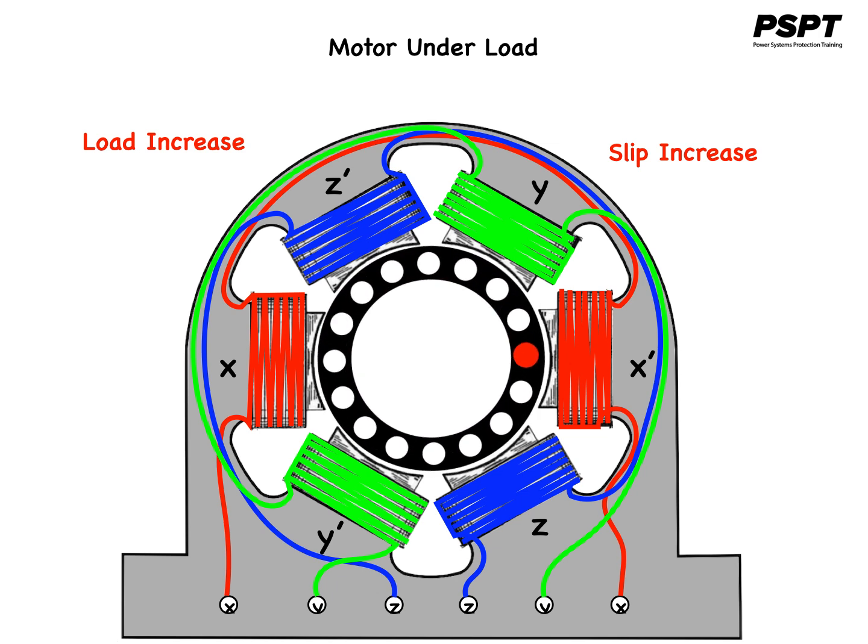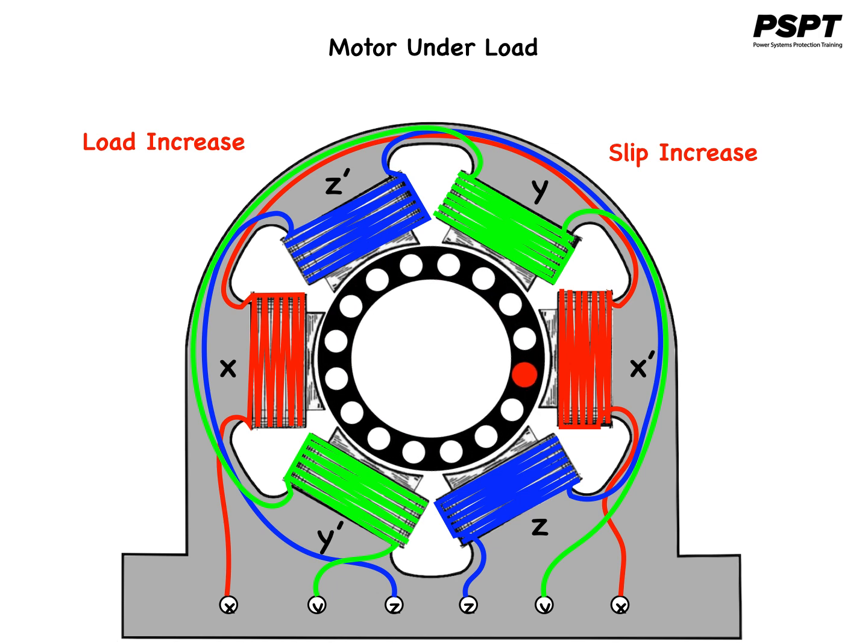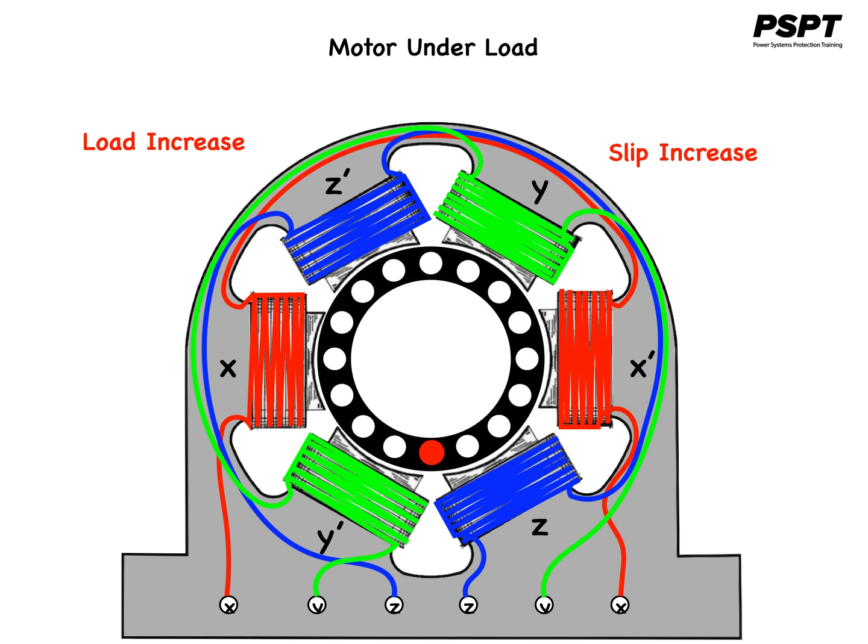However, because they never actually turn at synchronous speed, they are sometimes called asynchronous machines. Note that change in the load on an induction motor is met through the adjustment of slip. When the load on a motor increases, the slip increases slightly.